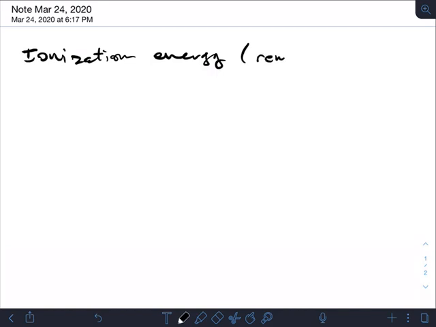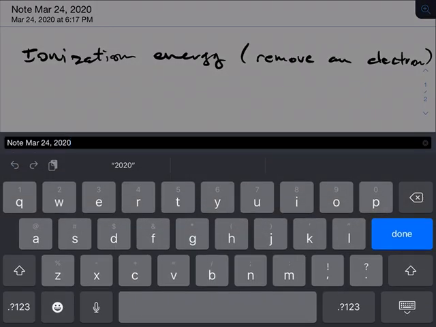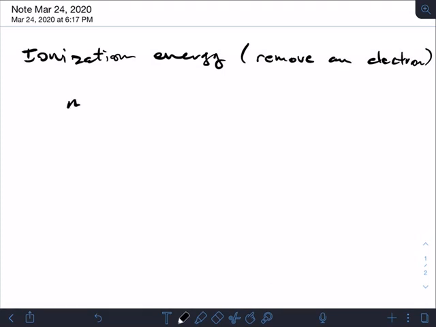But ionization energy essentially is, we're talking about the energy it takes to remove an electron entirely. Not just move it from one spot to another, but take it off of the atom entirely. So for our purposes here, let's talk about if I have n equals 1, and if I'm going to remove an electron, that means that I'm essentially going to n equals infinity.